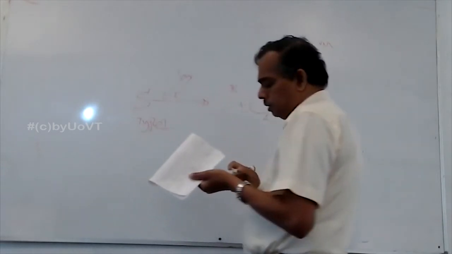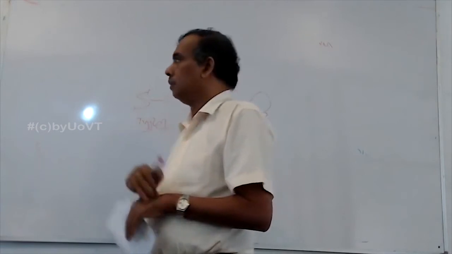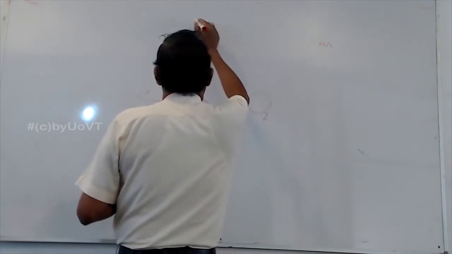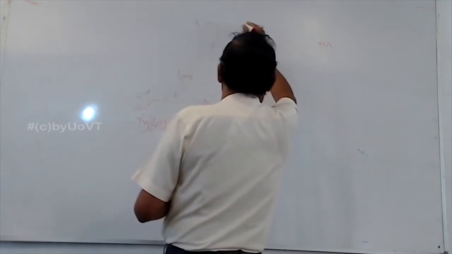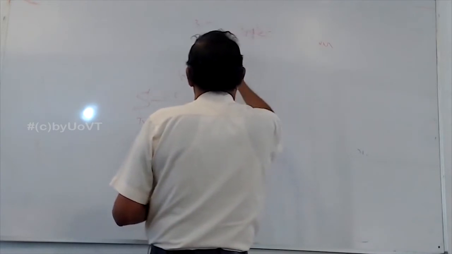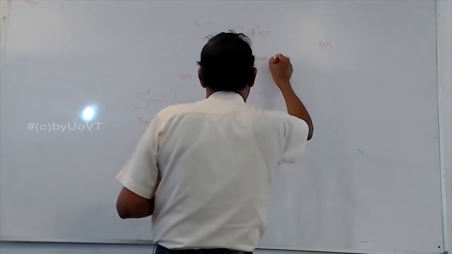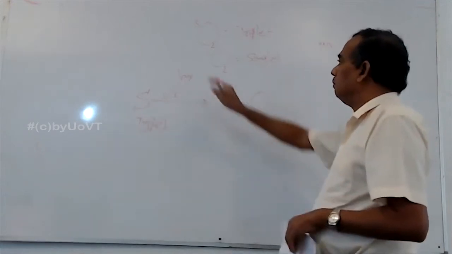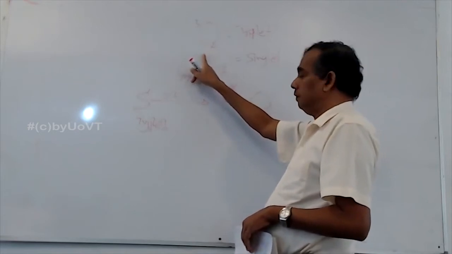So how do you mention triplet and singlet state? Using symbols. Triplet state oxygen we generally mention like this, 3O2. Singlet state oxygen is generally 1O2. Here we mention the spin quantum number, not the molecular weight.